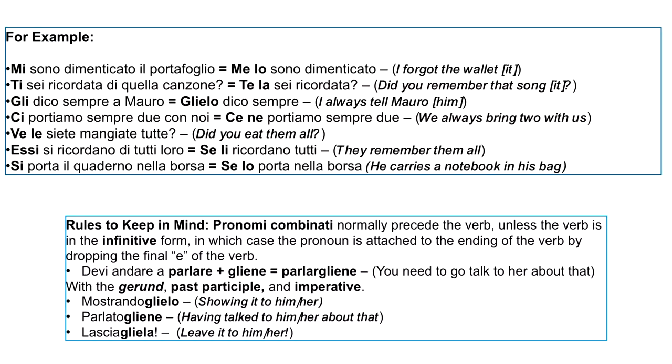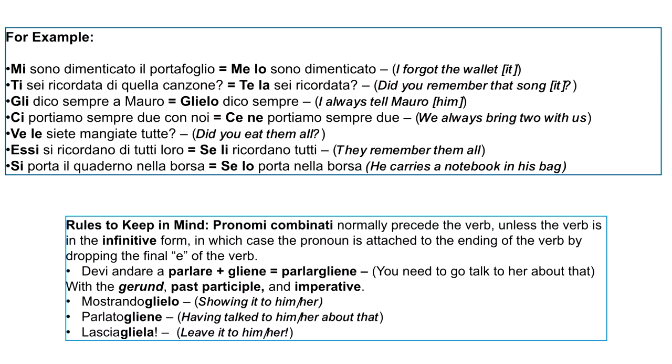Okay, so if you want to say mi sono dimenticato il portafoglio, this is what I was speaking of, the efficiency and the way that you can rephrase a sentence without repeating yourself. Mi sono dimenticato il portafoglio means I forgot my wallet.